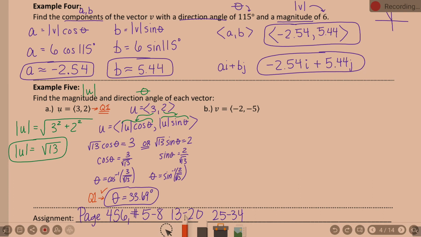But yeah, think about it. If we think about 3, 2, 3, 2 is what? Right 3, up 2. So you have a vector that does something like that. Does 33.69 degrees make logical sense then? Okay.